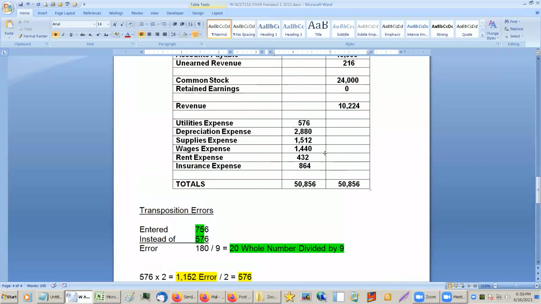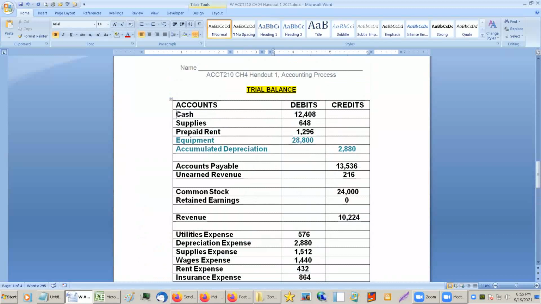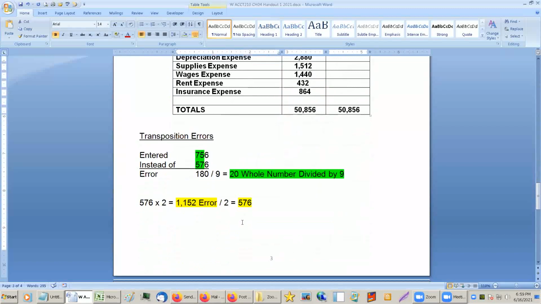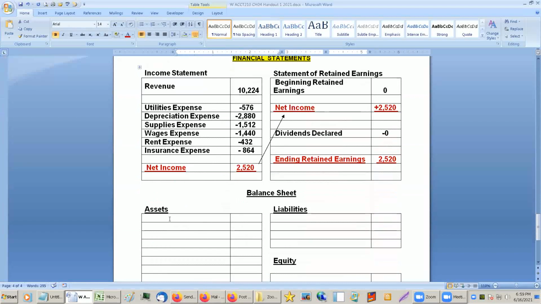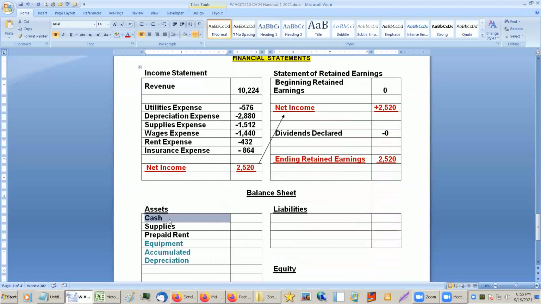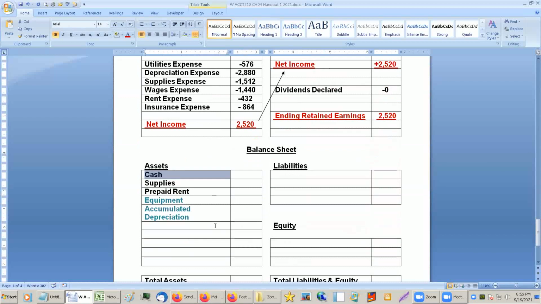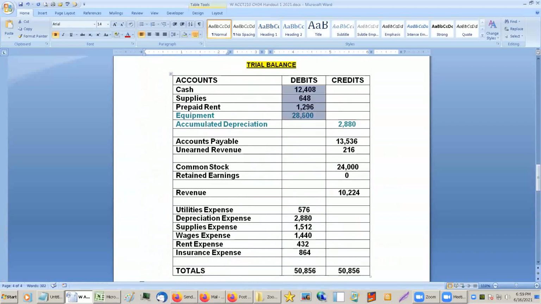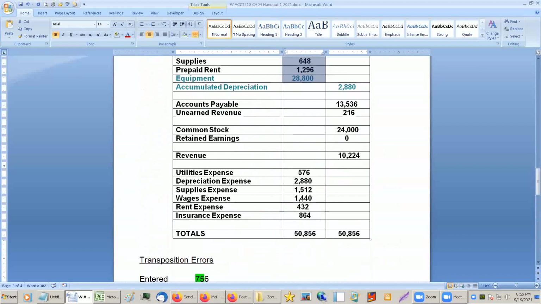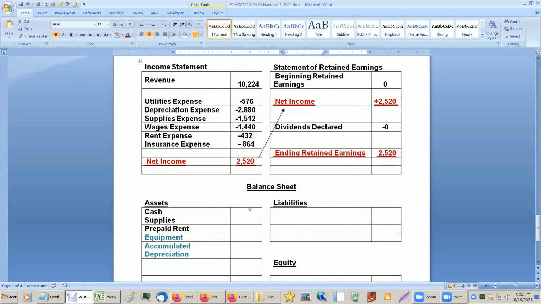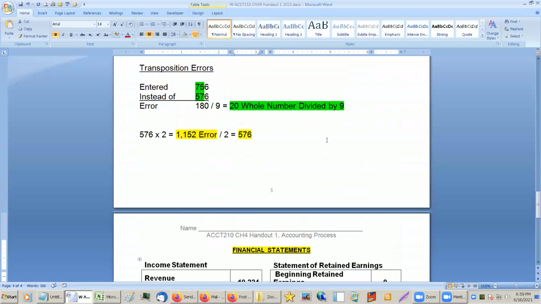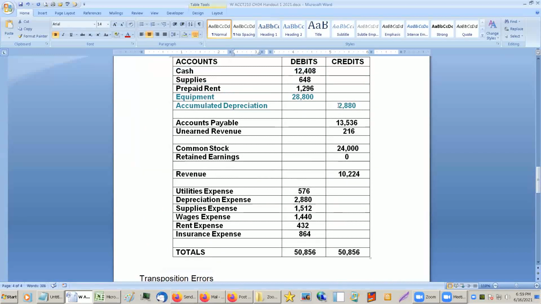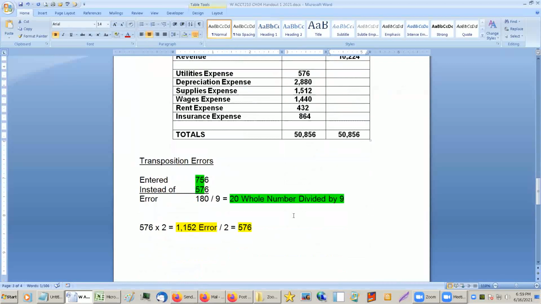Okay, balance sheet, we have our assets. And this is the new tricky one here.